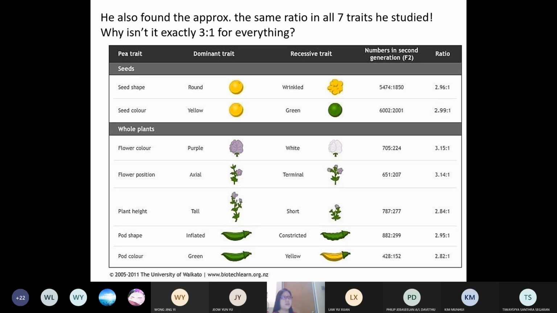Okay, so the same thing applies here, right? Just because the probability is 3/4, or the ratio is 3 to 1, it doesn't mean that the ratio of the numbers in the second generation, F2, will be exactly that ratio. The more examples, the more samples you take, the closer it will go to that ratio, but also not exactly.